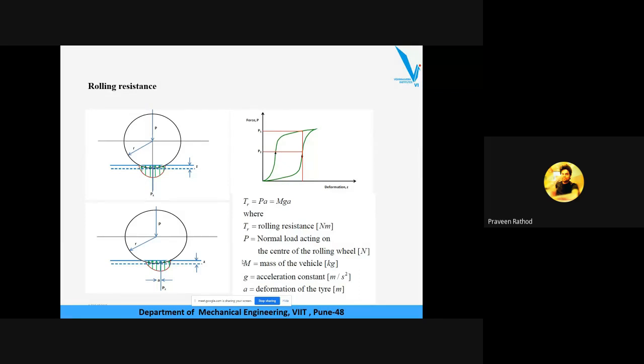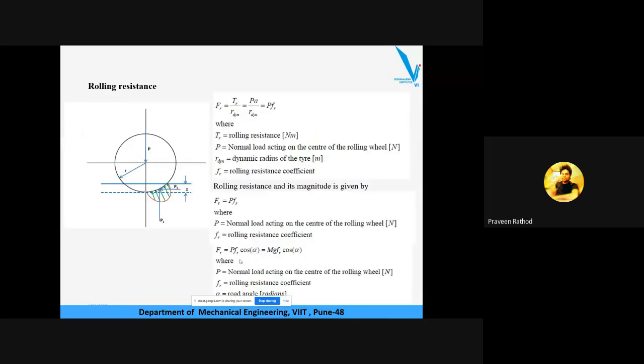Also, the rolling resistance moment can be equivalently replaced by a horizontal force acting on the wheel center in the direction opposite to the movement of the wheel. So this equivalent force we can call the rolling resistance force, and its magnitude can be written.